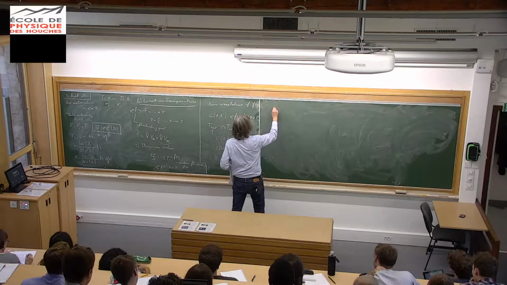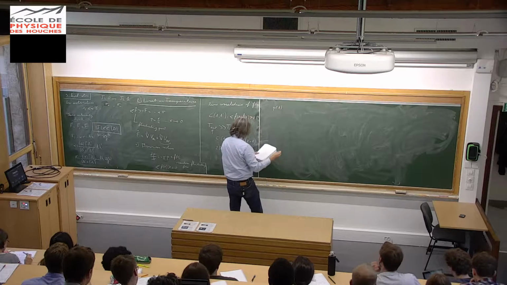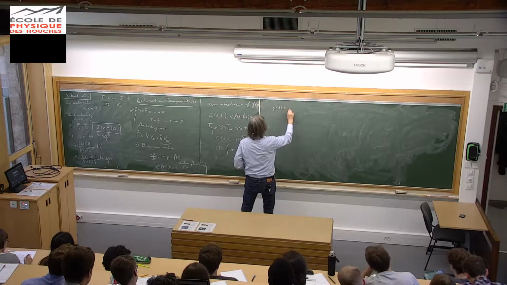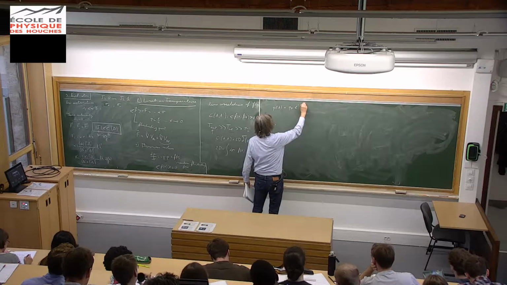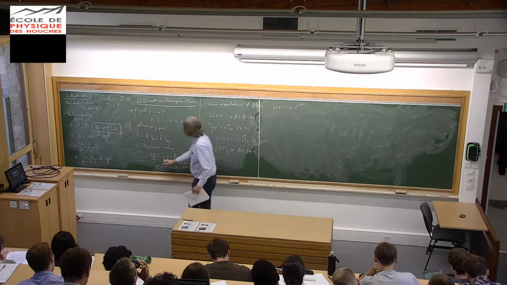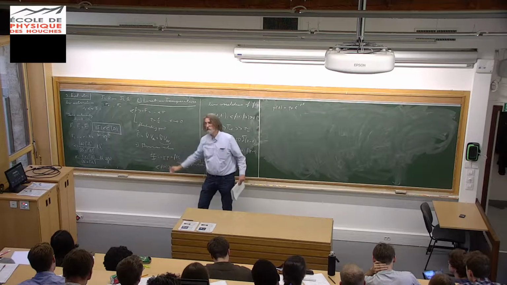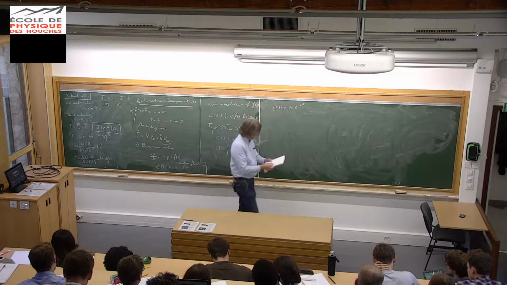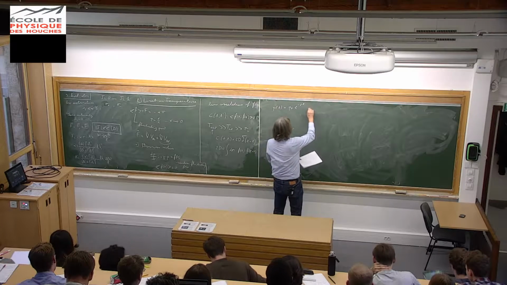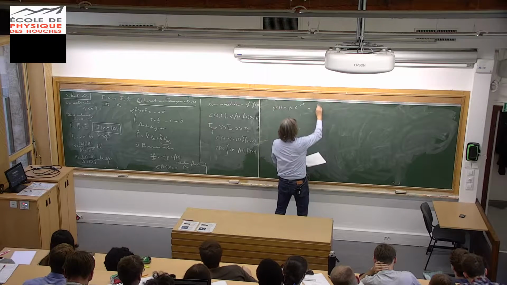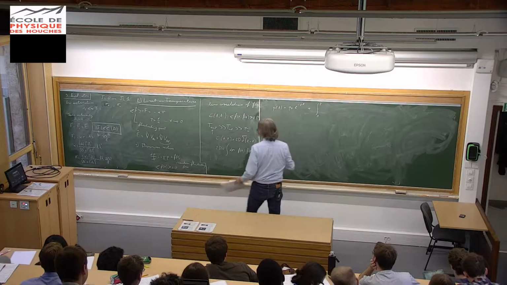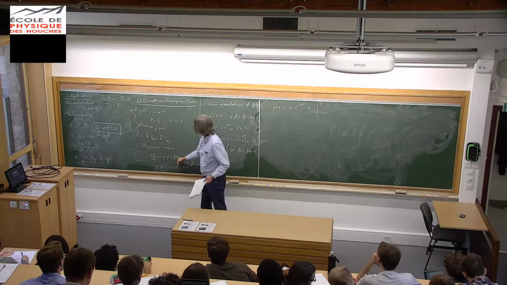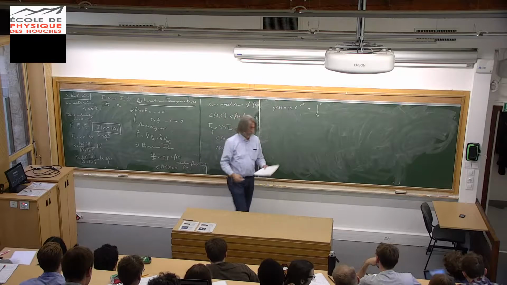So we formally solve this equation, and we write that we have the standard solution, which comes from the evolution here, the friction part, and we have to add something, which is the contribution of the fluctuating part to this.